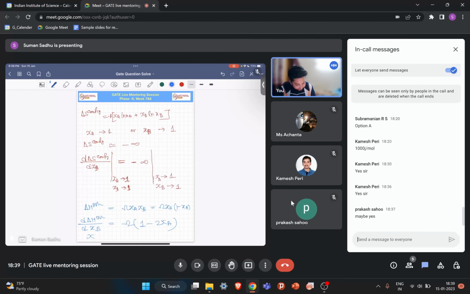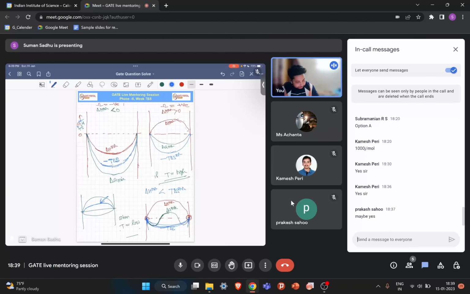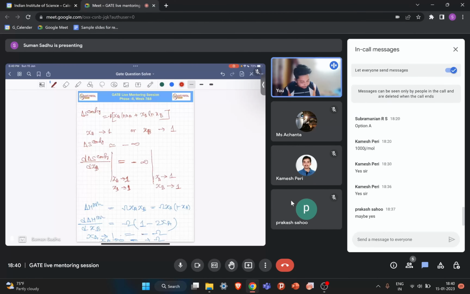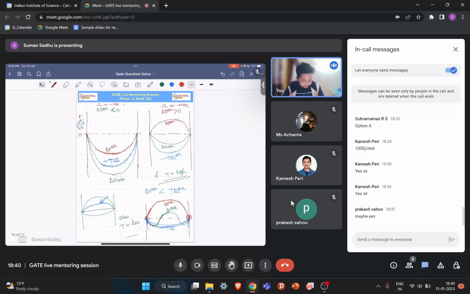So when xA tends to 1, this value is minus omega, and when xA tends to 0, this value is plus omega, right? So at the ends, your delta H mixing curve has a certain finite slope, minus omega or plus omega. This is not infinity.